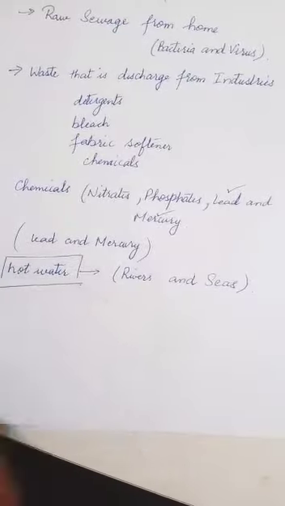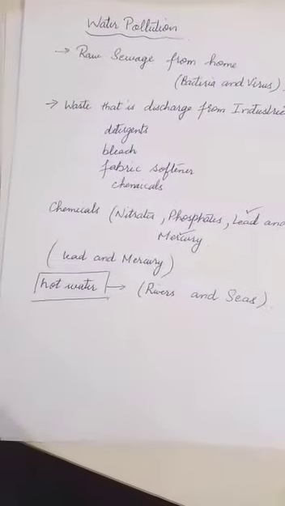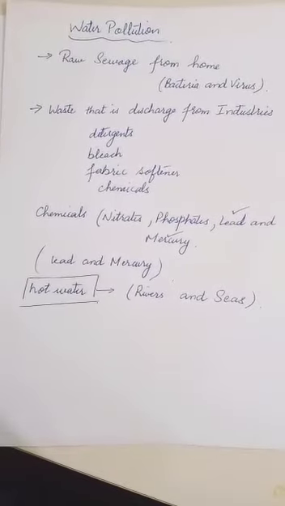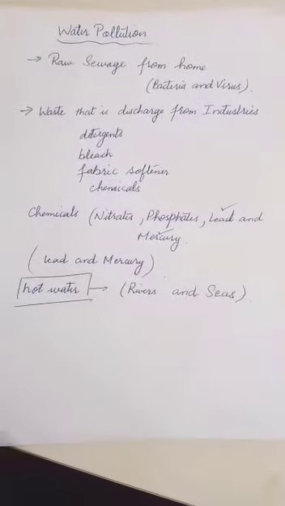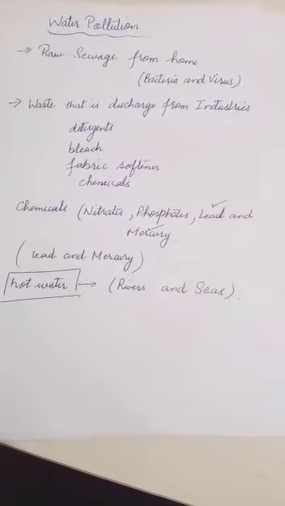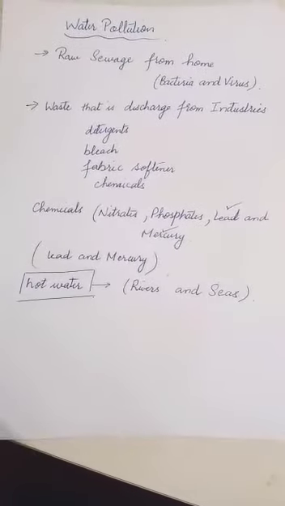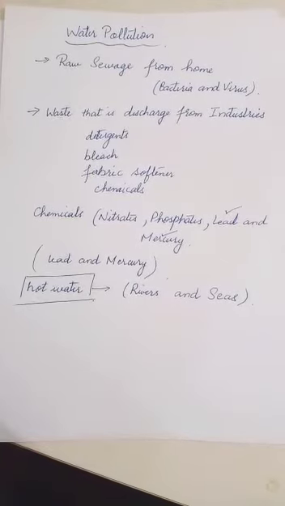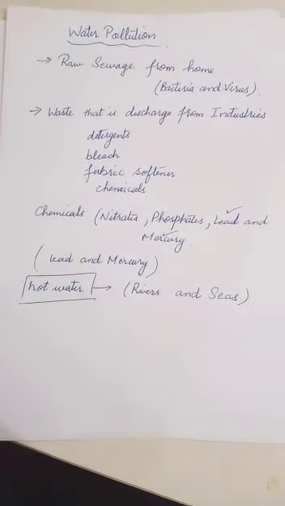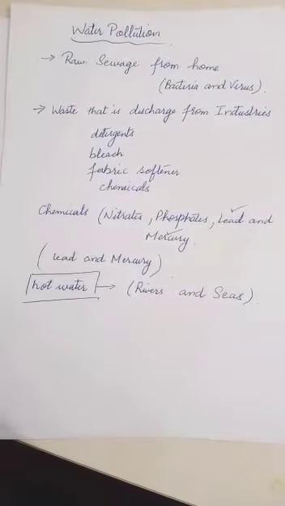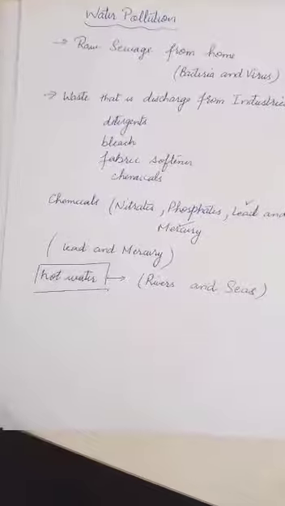Whenever industries take water from a river, they utilize the water for heat exchanging purposes, to decrease the temperature of the system, and then they discharge the hot water without any treatment into rivers and seas. How does that hot water affect aquatic life? We are going to discuss that.